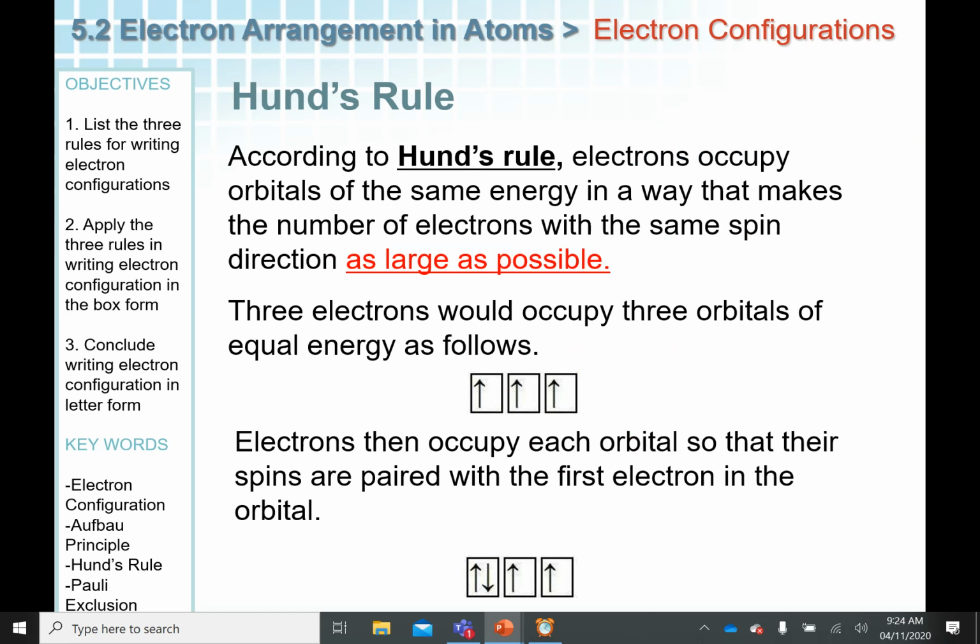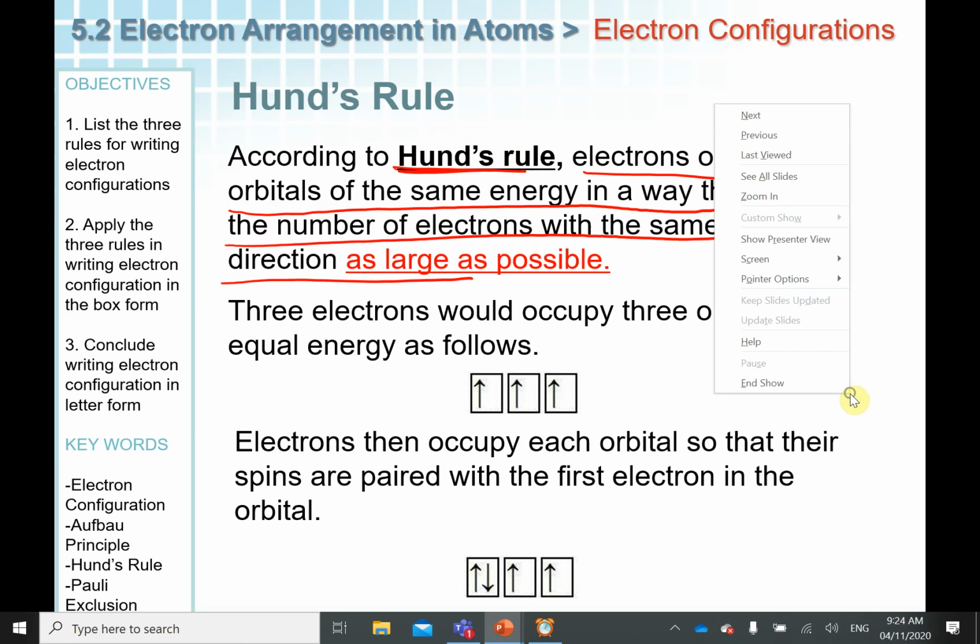Now, the last one. Hund's rule states that 1 electron must be present before pairing in each orbital. So according to Hund's rule, electrons occupy orbitals of the same energy in the way that makes the number of electrons with the same spin direction as large as possible. Let's put it into words to make it simpler.